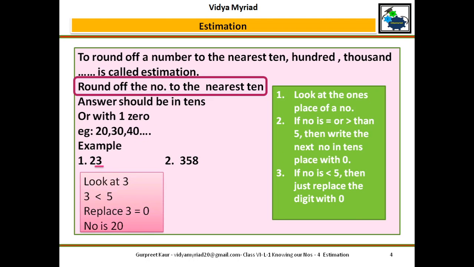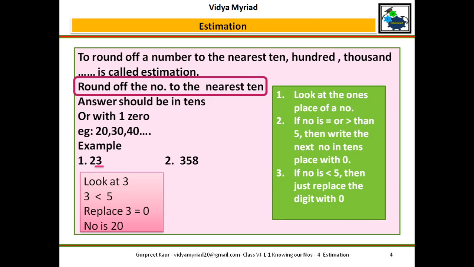Now 3 is less than 5. You will simply replace 3 with 0 and your answer is 20. So for 23, your answer could be either 20 or 30, but it cannot be 30 because 3 is less than 5.